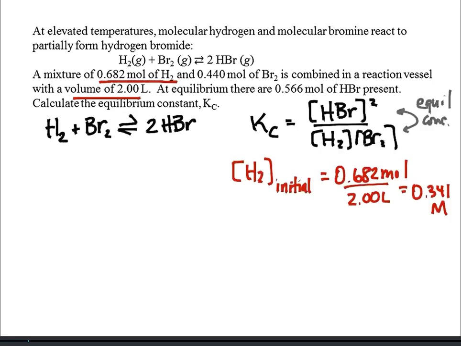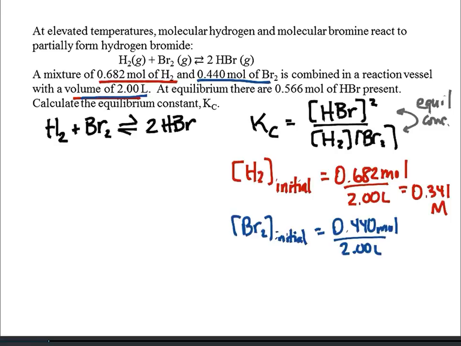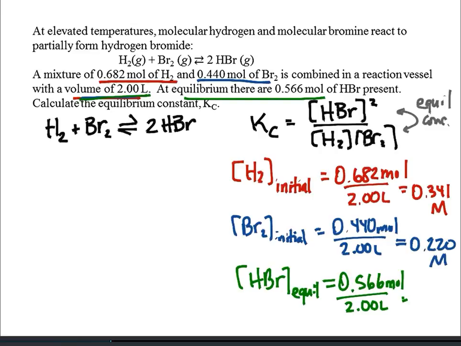This 0.682 moles in a volume of 2 liters, that is the initial concentration of hydrogen, and then 0.440 moles of bromine in 2 liters, the same reaction vessel, that is the initial concentration of bromine. And then it says at equilibrium you have 0.566 moles of HBr, so the equilibrium concentration of HBr is 0.283 molar.